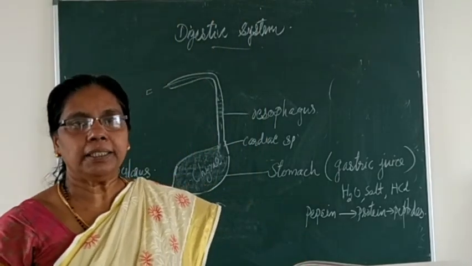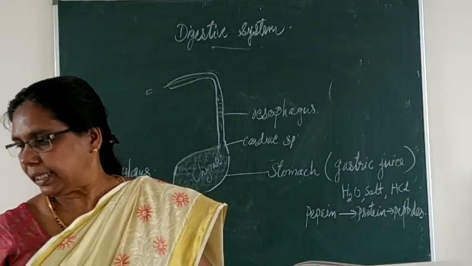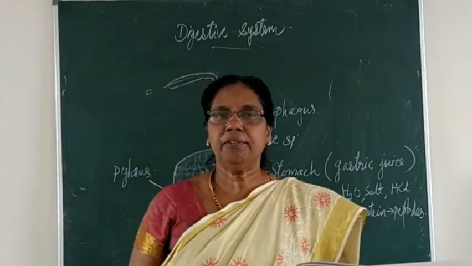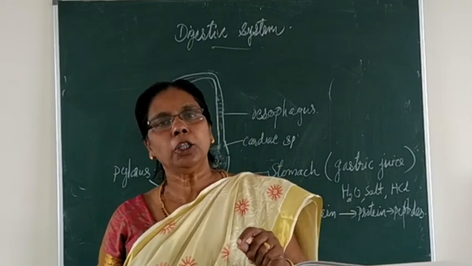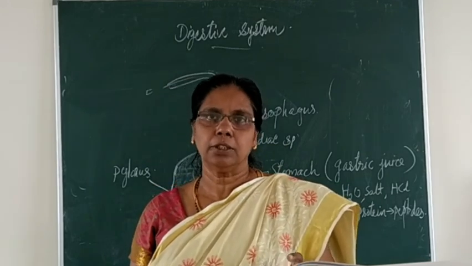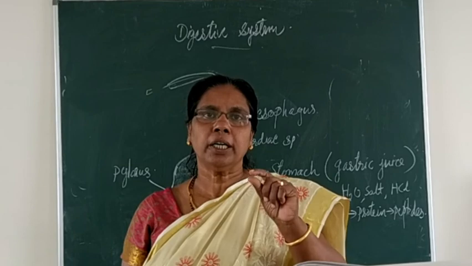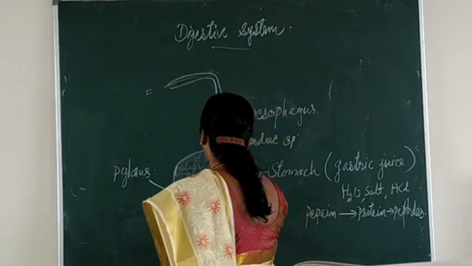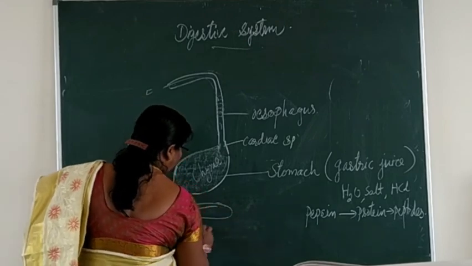Next, the second part is called jejunum. The second part is nothing but what? Jejunum. And this is a very short region, about 2 meters in length. So the second region is a short region. It is only 2 meters in length. It will be highly coiled like this.